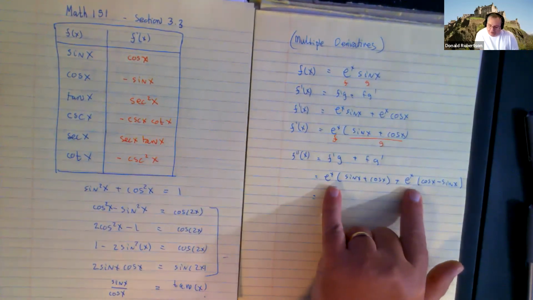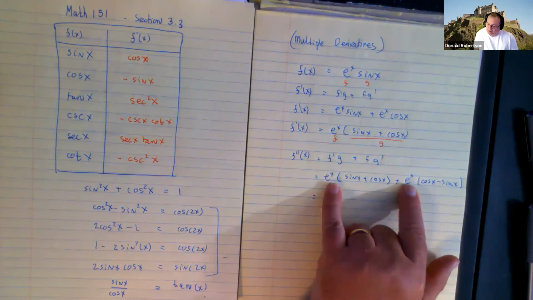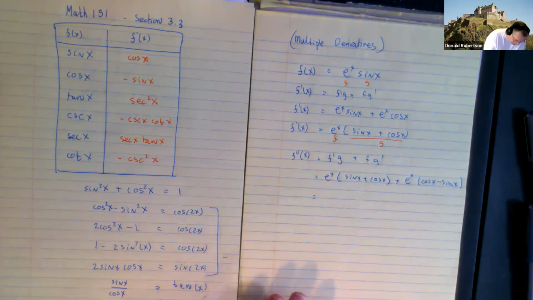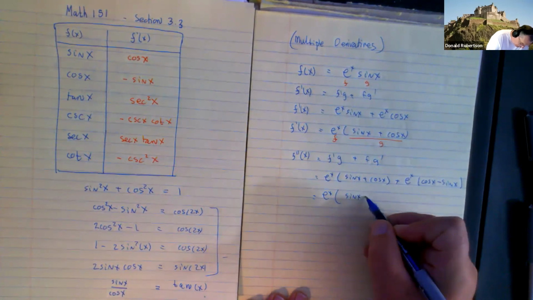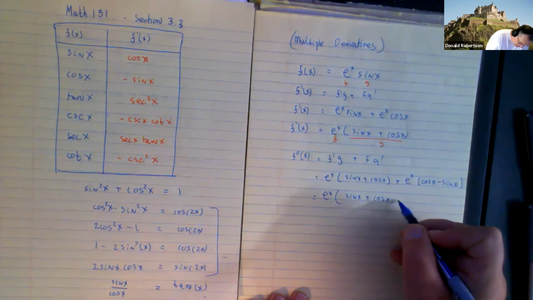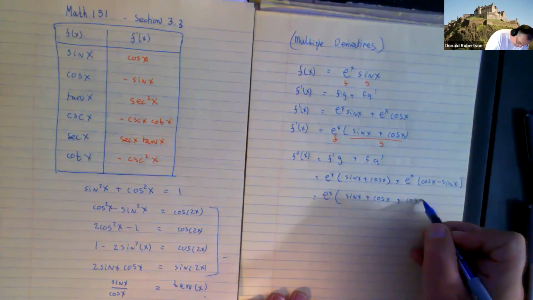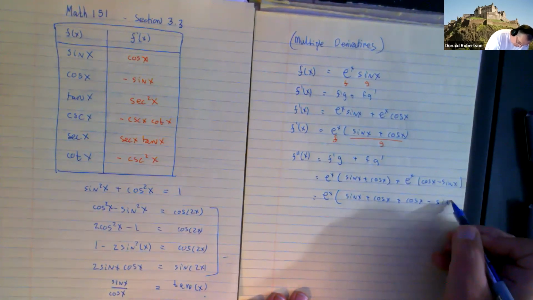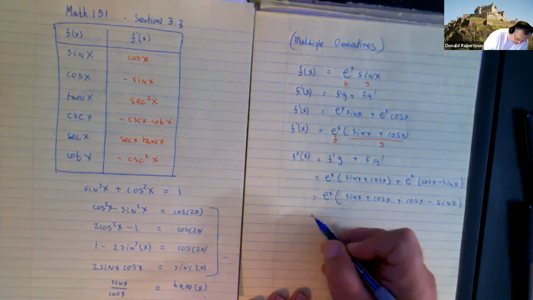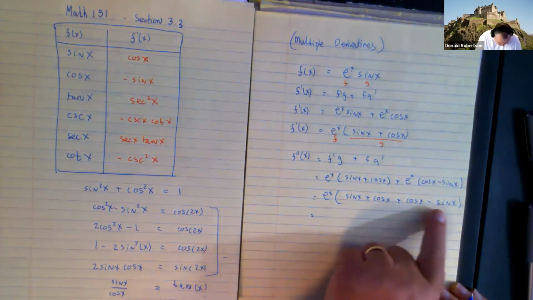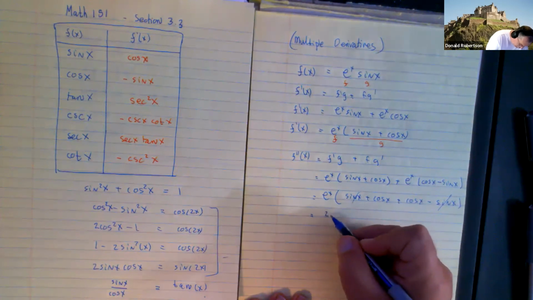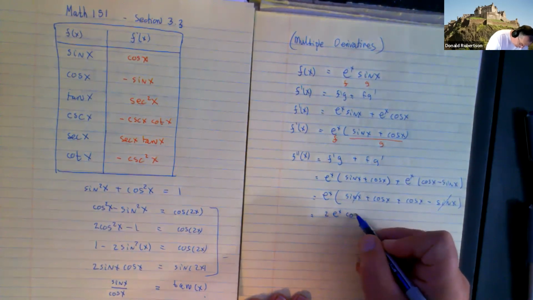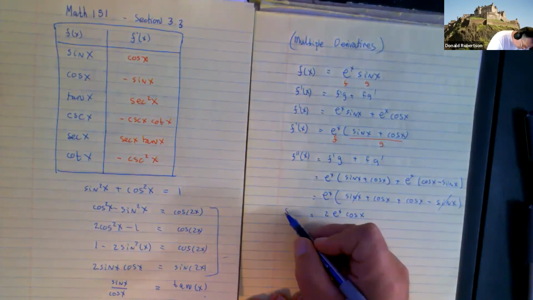Do you notice that both these terms share a common factor of e to the x? So I'm going to factor that out. That means I have sine x plus cosine x plus cosine x to cosine x. And that cancels with that guy, and I now have two of these. So I have 2 e to the x cosine x.